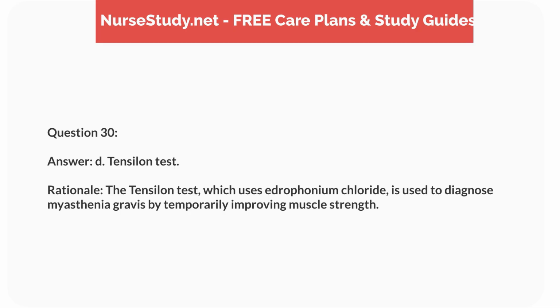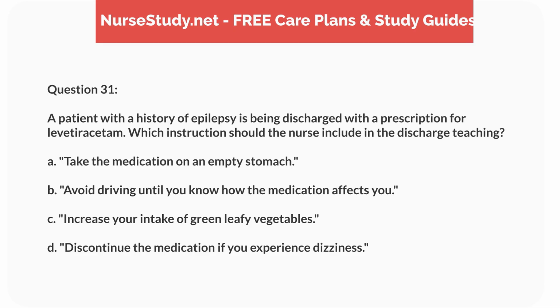Answer: D. Tensilon test. Rationale: the Tensilon test, which uses edrophonium chloride, is used to diagnose myasthenia gravis by temporarily improving muscle strength.